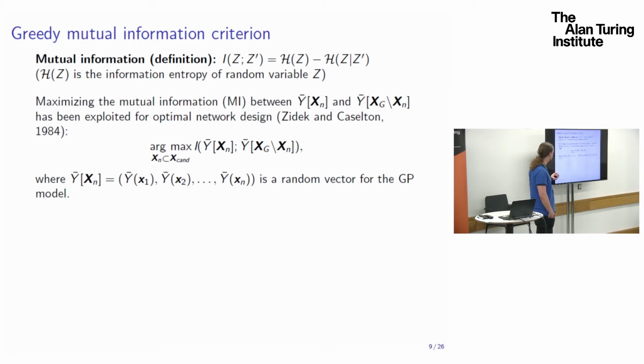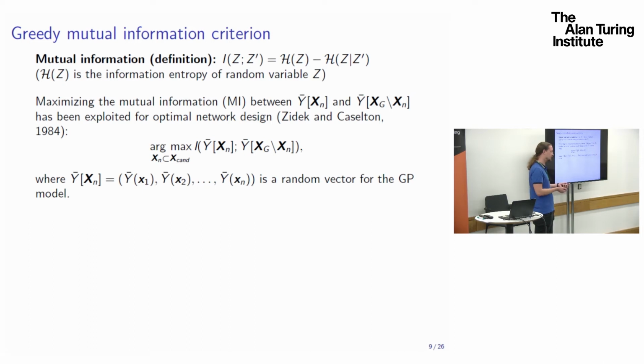This mutual information criteria that was proposed by Andreas Krause was that you should look at the mutual information between basically the Gaussian process that you have on your current design set against the Gaussian process for the remaining part of your space.